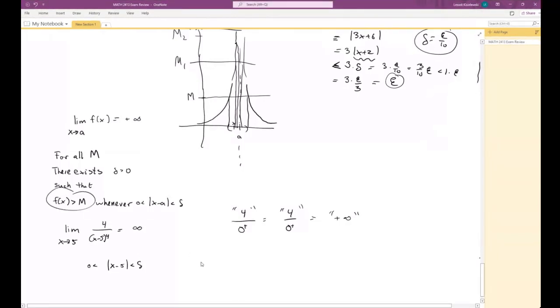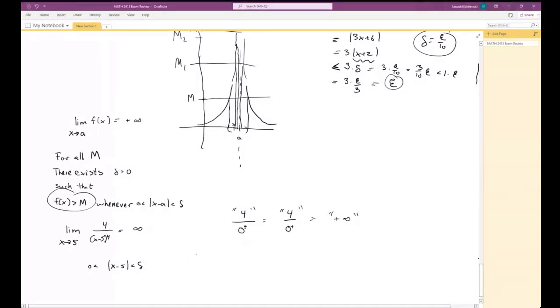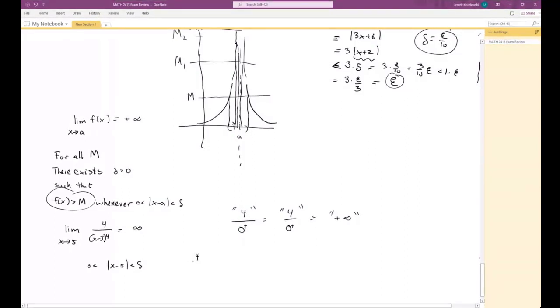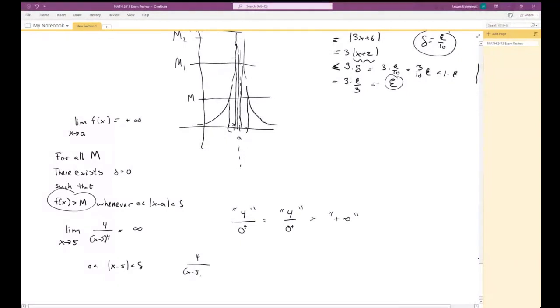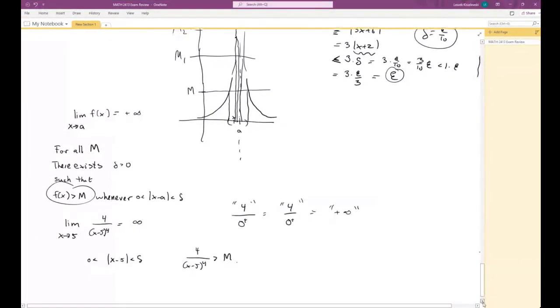Let's clean that up. So we want our function to be bigger than m for this arbitrary m. Right?